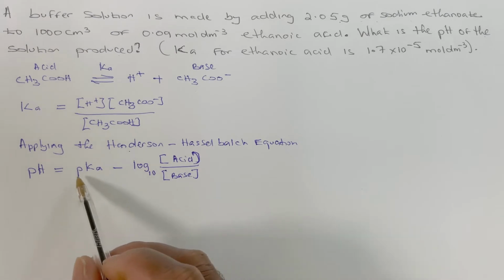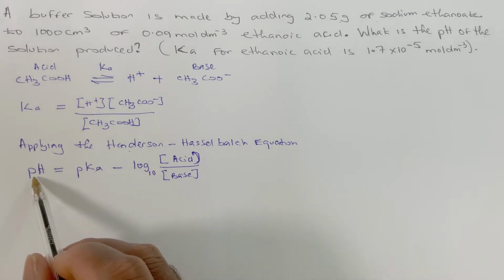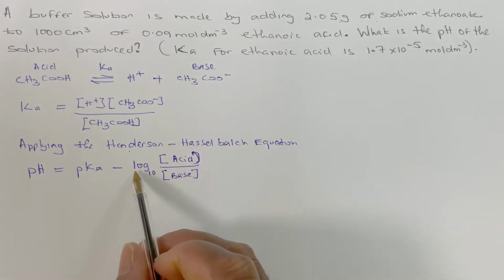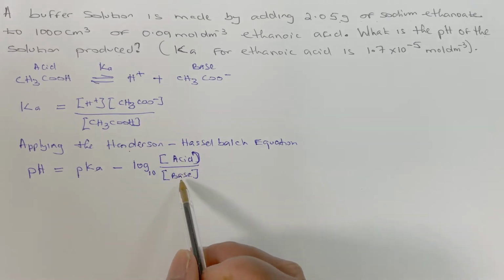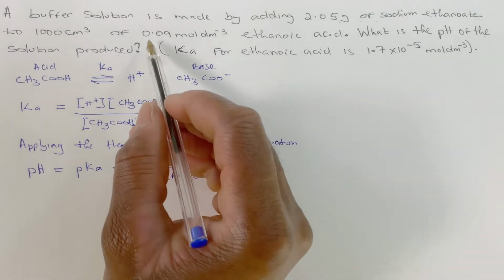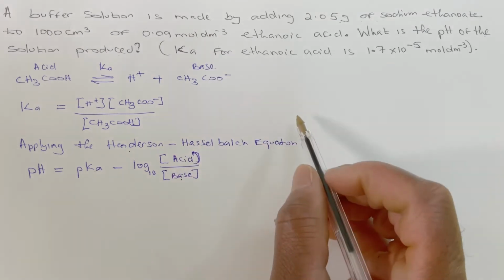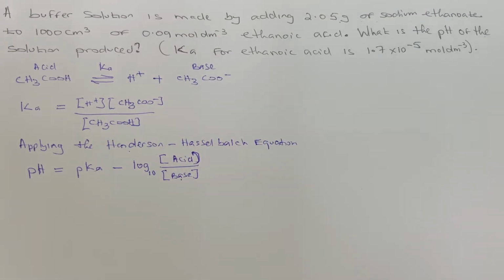All I need to do is find pKa to find the pH. I know the Ka, and I also need to find the concentration of the base because I've been given the concentration of the acid. So let's find the concentration of the base.